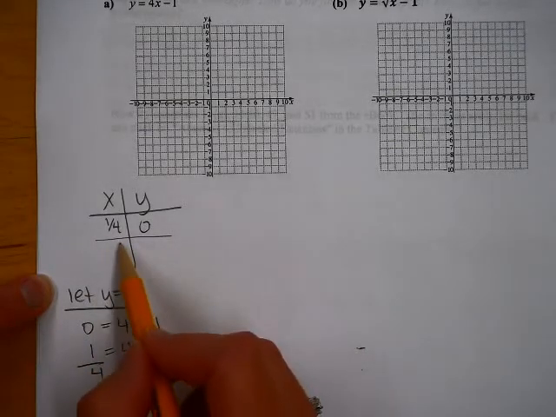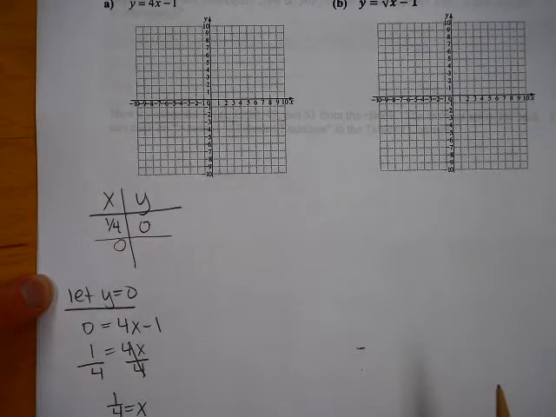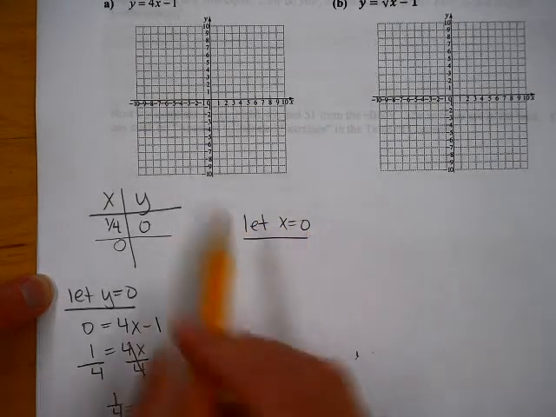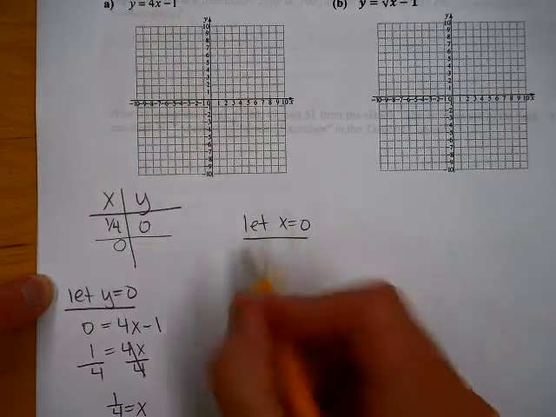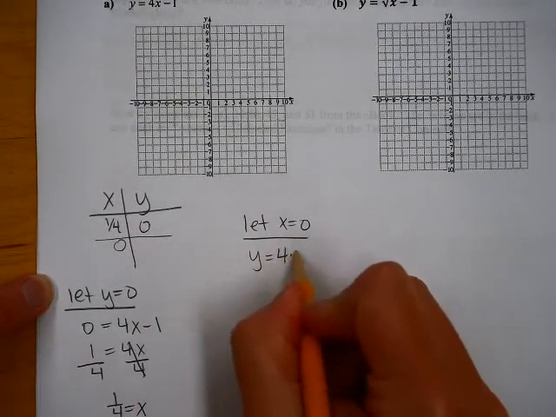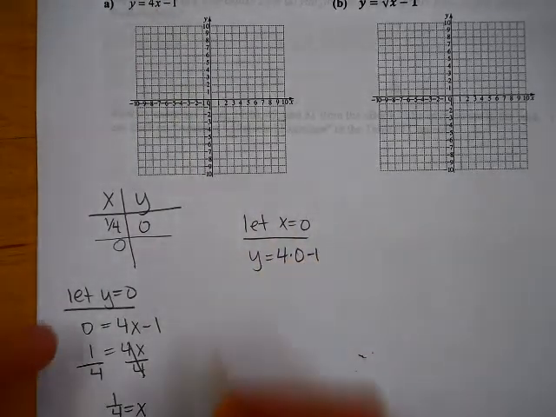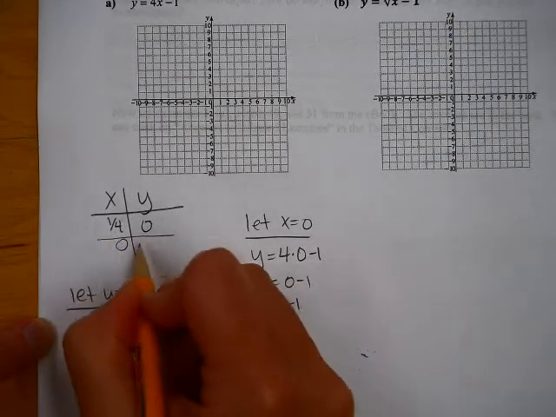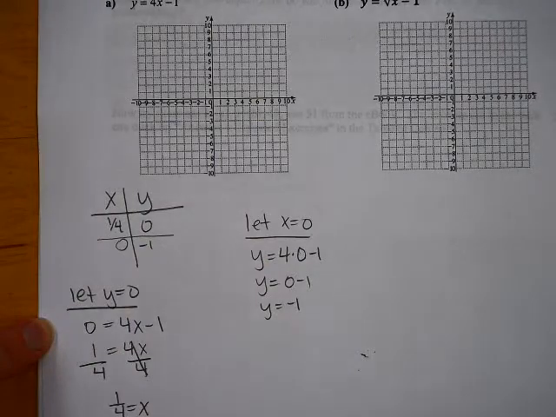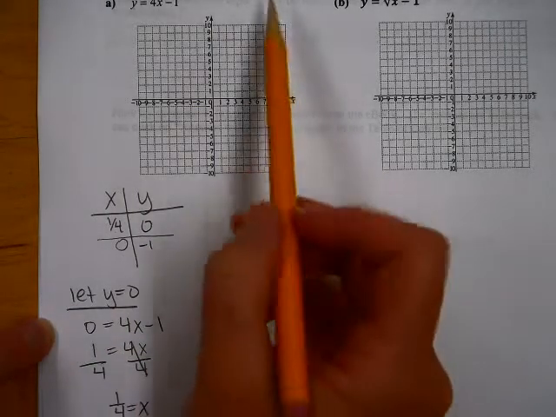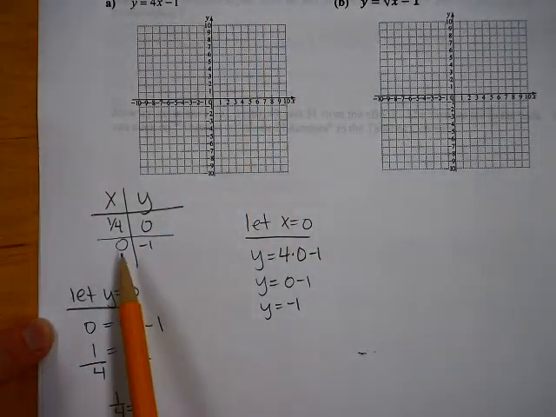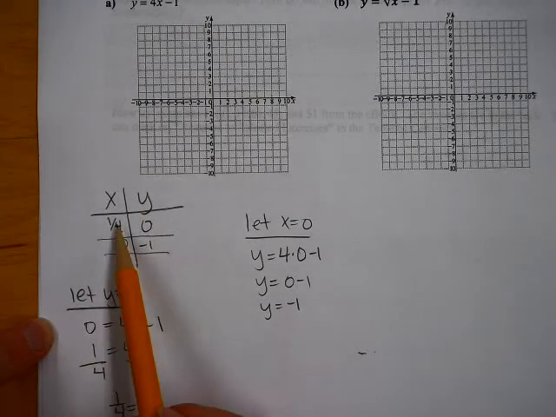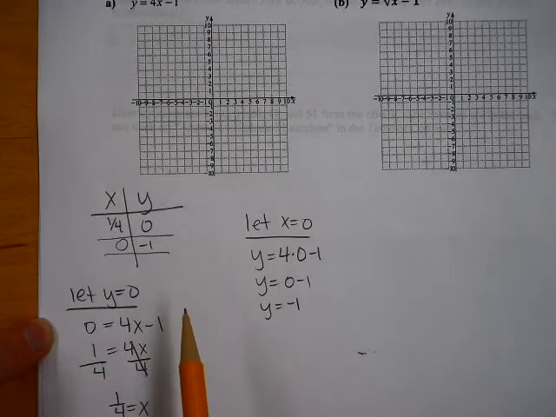Let's find the y-intercept by letting x be 0. Okay? This time we want to plug in 0 for x. So we have y equals 4 times 0 minus 1. That's going to give me 0 minus 1, or simply negative 1. Now, to find a third ordered pair, I can let x or y be anything I want, other than something I already have here.